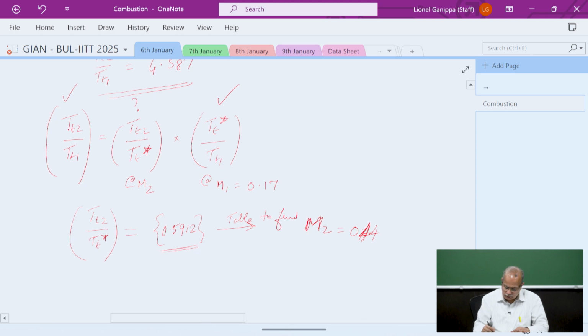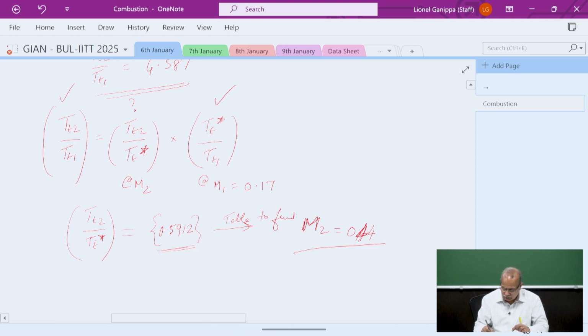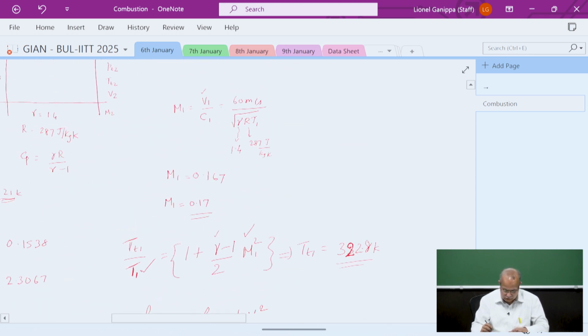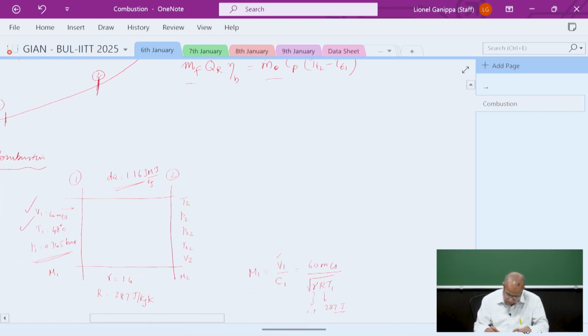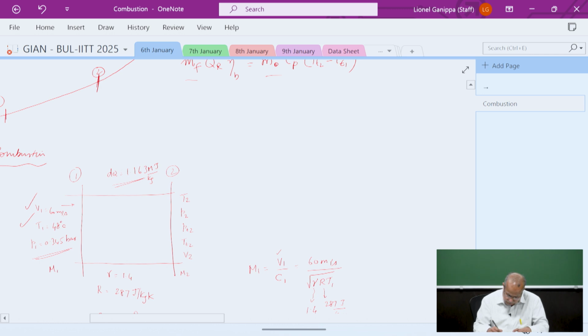So once you know the value for M2, then we can find out the rest of the parameters. So now in the problem, we have found the value for M2. Then you can find the value for T2.